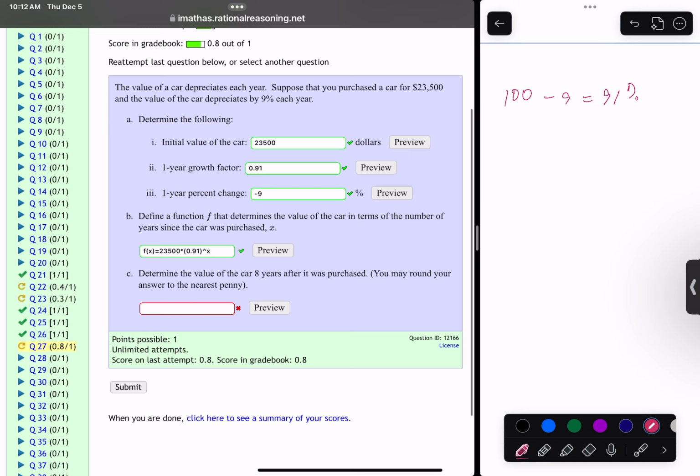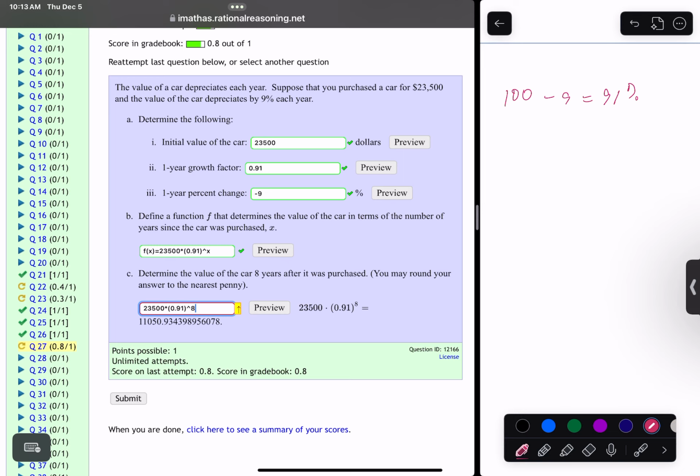Okay. Now that we have a function, C is pretty easy. We just got to stick in 8. Now it says to do some rounding, so let's let iMath do the math for us, and then I'll write the number rounded to the nearest penny on the side. So 23,500 times 0.91 to a power of 8. So that's what it would be after 8 years.